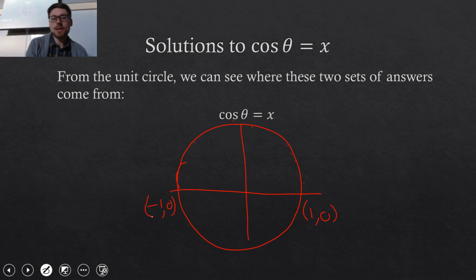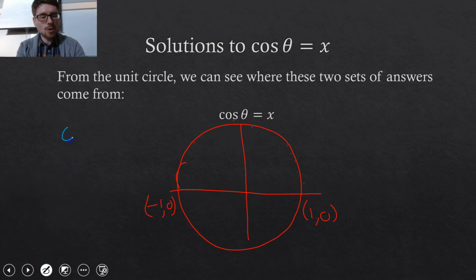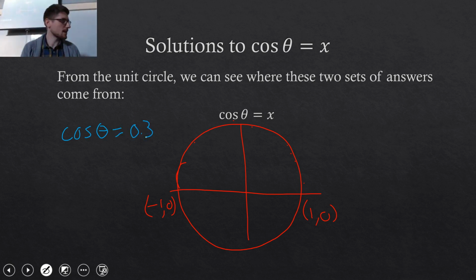And as we saw from that solution set, there's an infinite number of angles because we can always just keep going around the circle. So we can always go around the circle another revolution and you'd be back to another answer. So I'll show you what this looks like for a particular answer. Say we're looking for when is cosine theta equal to 0.3. And we'd need a calculator to actually find this answer or to approximate it. But we can sketch the angles that would satisfy this.